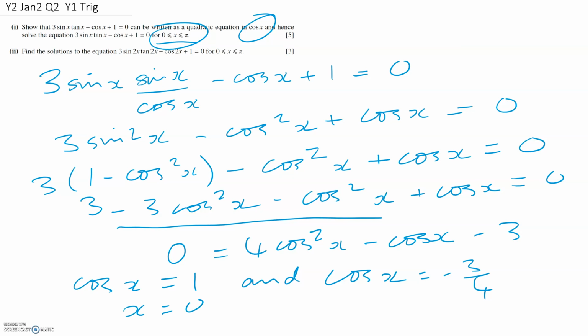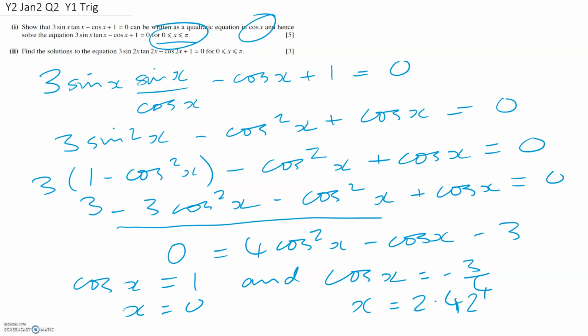If we do inverse cos of minus 3/4, we will get 2.42 to 3 significant figures, and we won't get any more values in the range.